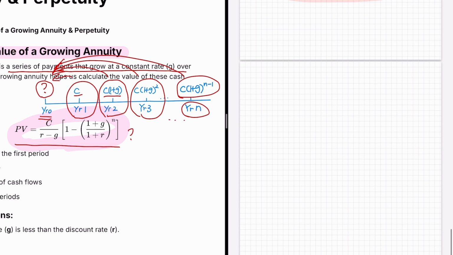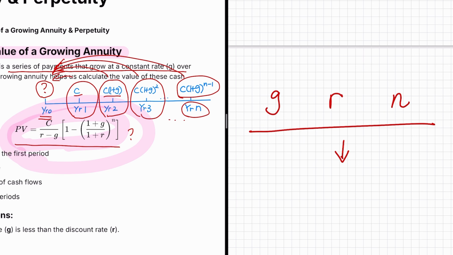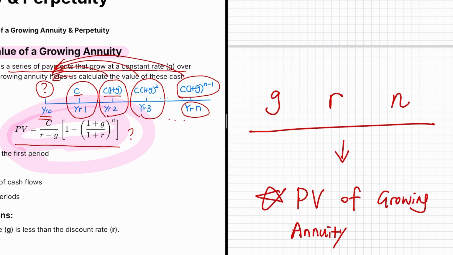Whenever I'm told something related to the growth rate, the discount rate, and the number of years, I can directly use this formula to find out what is the present value of the growing annuity. It offers us a relatively simple way to find the present value.